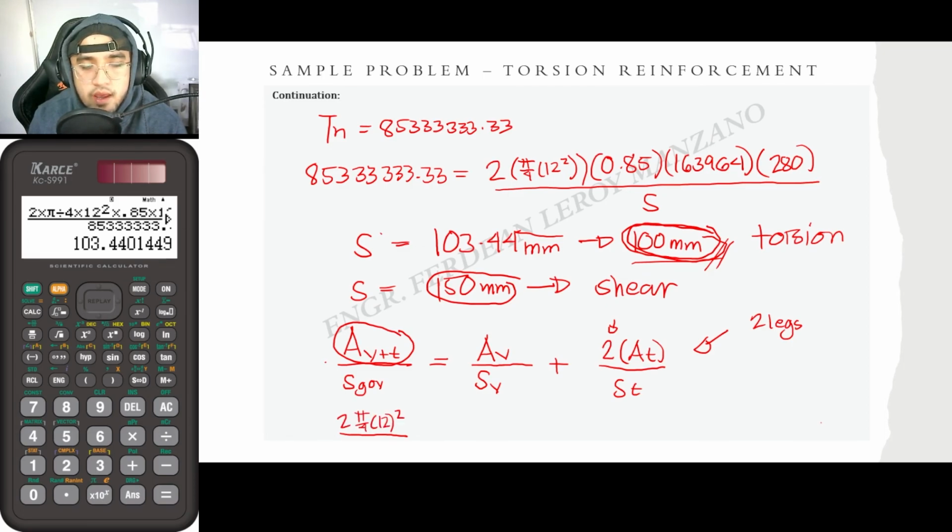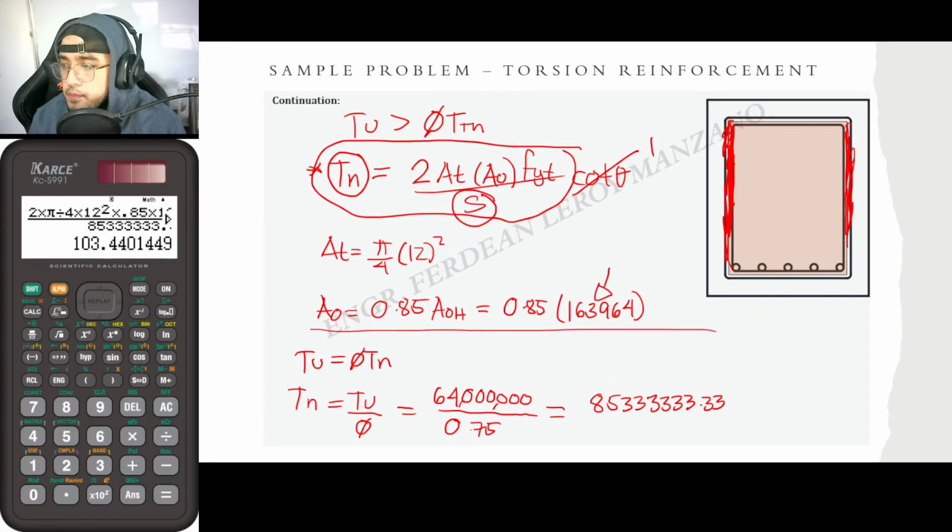If you are thinking that this is for the number of legs for AV, this is 2. Then for the torsion bars, this is 1. If you are thinking that shouldn't it be 3, then you are mistaken, because at the end of the day, you will only make use of 2 legs for the combination of both of them. So the only thing that would differ here is the spacing itself.